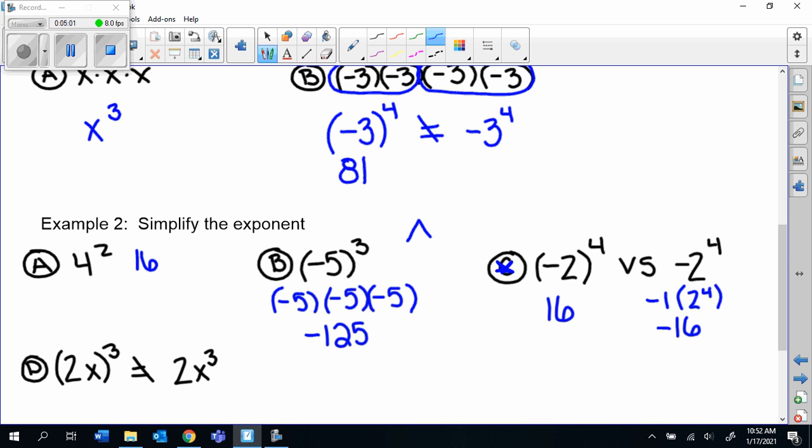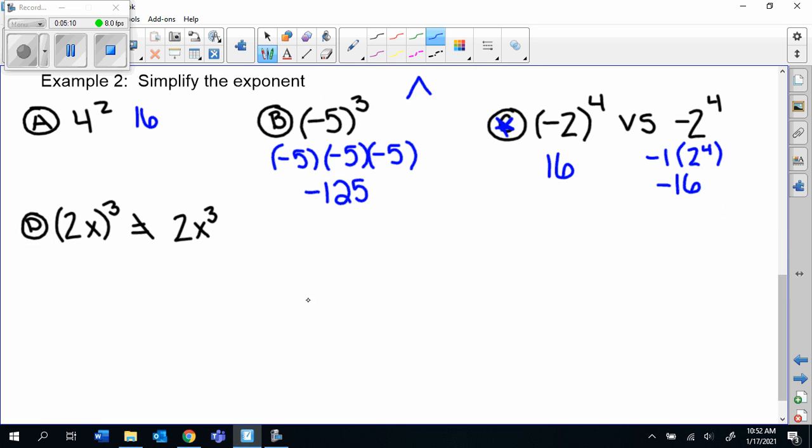This is a real tricky situation for some students if you're not really careful of that notation. All right, and here as well, these two things are not the same. Notice here, the 2 is inside that parentheses, and so this says 2x times 2x times 2x, which would technically be 8x to the third.